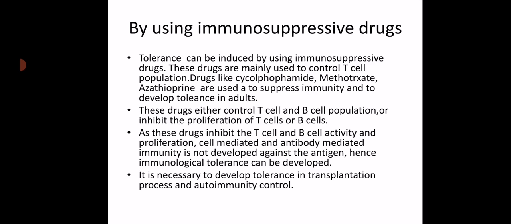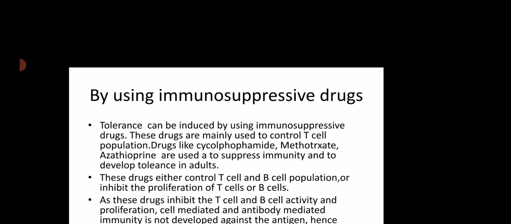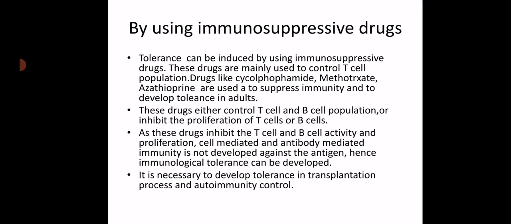These drugs are reducing, suppressing the immunity. जे ड्रग्स इम्युन रिस्पॉन्स डेव्हलप होऊ देत नाहीत त्यांना म्हणायचं इम्युनोसप्रेसिव्ह ड्रग्स. इम्युन रिस्पॉन्स थांबवण्याचा प्रयत्न करतात किंवा इम्युन रिस्पॉन्स डेव्हलप होऊ देत नाहीत त्यांना म्हणायचं इम्युनोसप्रेसिव्ह ड्रग्स. So tolerance can be induced by using immunosuppressive drugs, and these drugs are mainly used to control the T cell population.